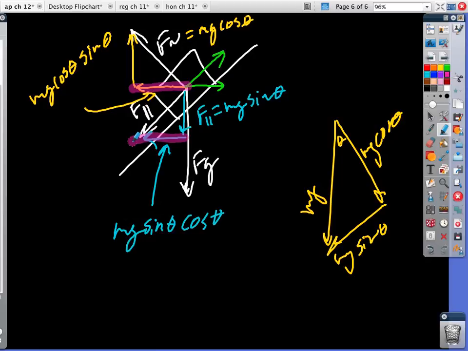So we get this vector and this vector. Whether we use Fn or whether we use F parallel, both of them come from gravity. So gravity, as it interacts with this incline, is pushing us in towards the center, right? You can see if this road was flat and the car was on it, and you push the road up like that, the car is going to fly that way.